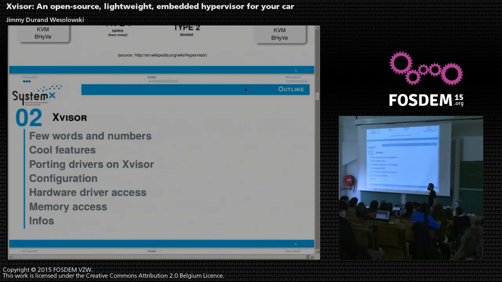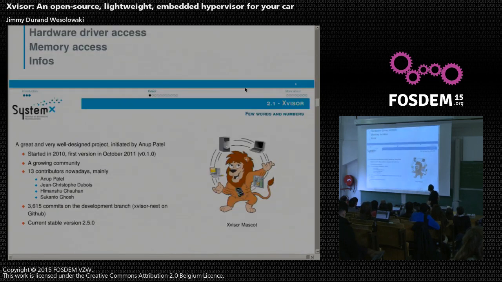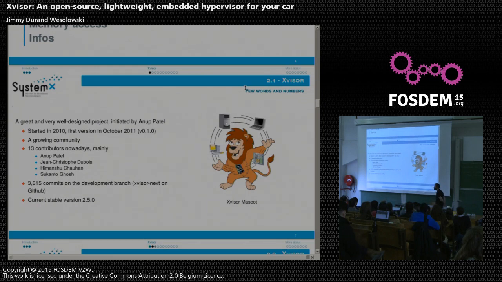Okay, let's talk about Xvisor. A few words. It's a great project, very well designed by Anup Patel, who launched the project in 2010. The first version was released in October 2011. Version 0.1.0, and now we are at 0.2.5. 13 contributors.